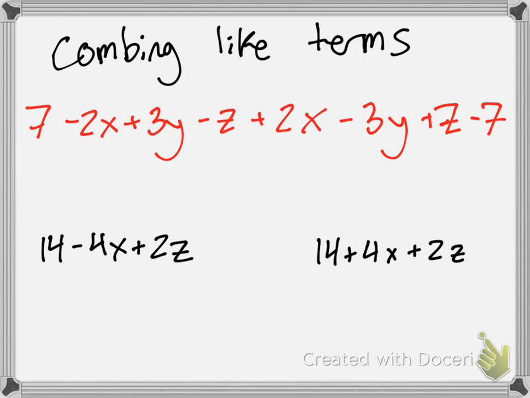So the first thing I'm going to do is I like to identify my like terms immediately. Here's this. This is a number. Its like term must not have a variable because it does not have a variable. So its like term is this one over here. But what do we see about those two like terms?